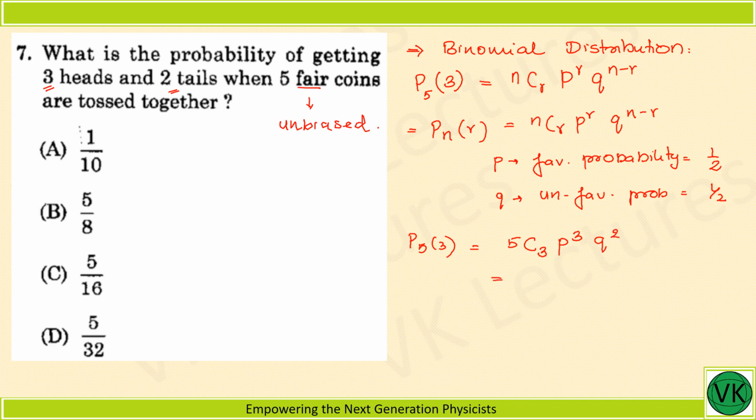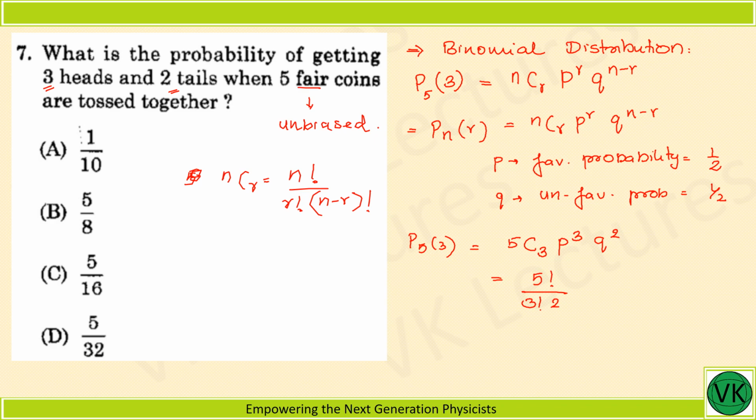So that's equal to 5 factorial by 3 factorial into n minus r factorial. So nCr is equal to n factorial by r factorial into n minus r factorial.